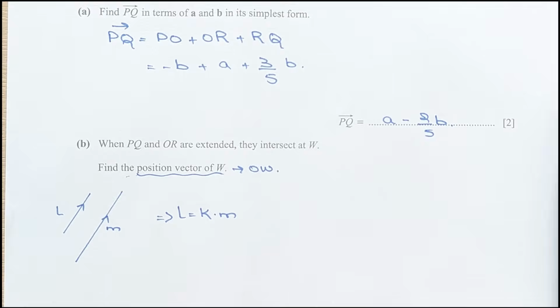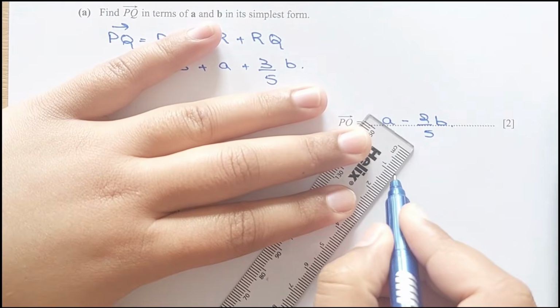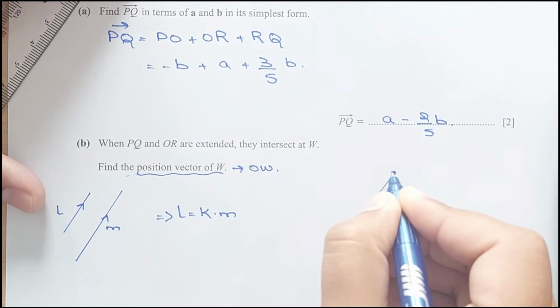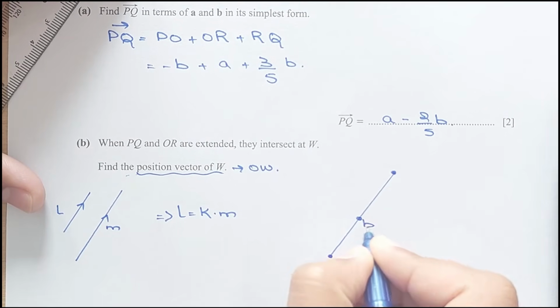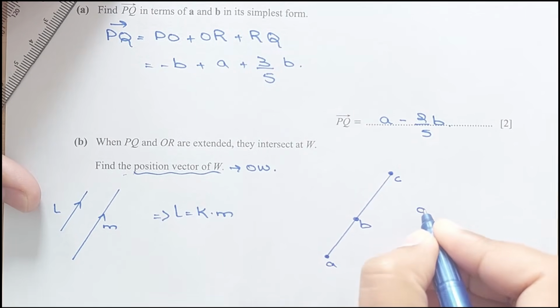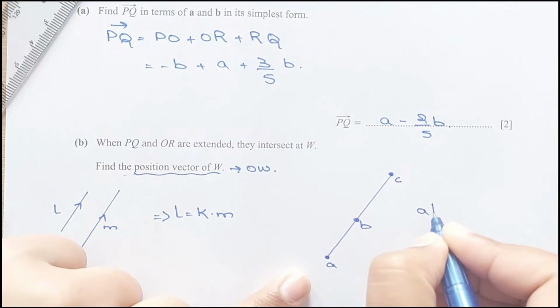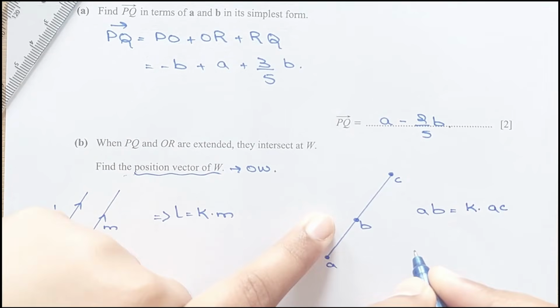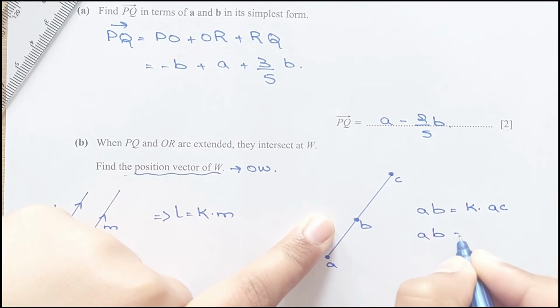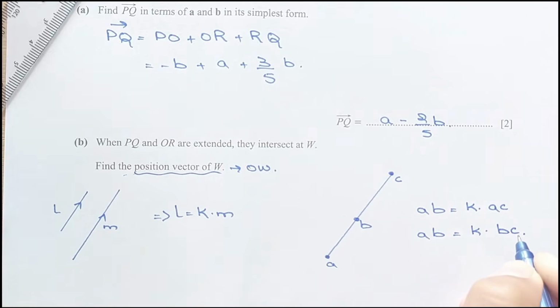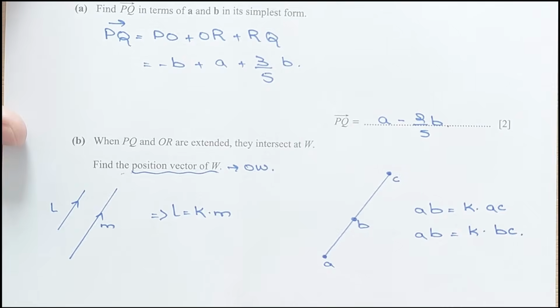And we have another case when all three points lie on one line, collinear points A, B, C. We can write AB is some constant multiple of AC, or AB is some constant multiple of BC. So you can make linear equations here, right?